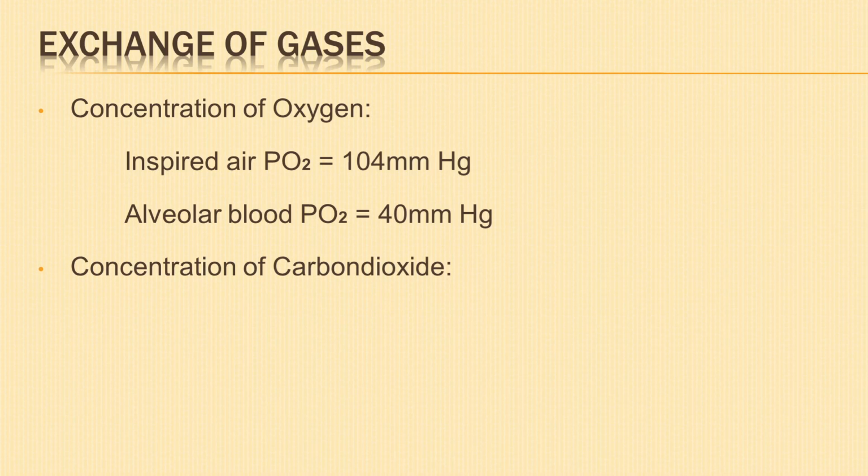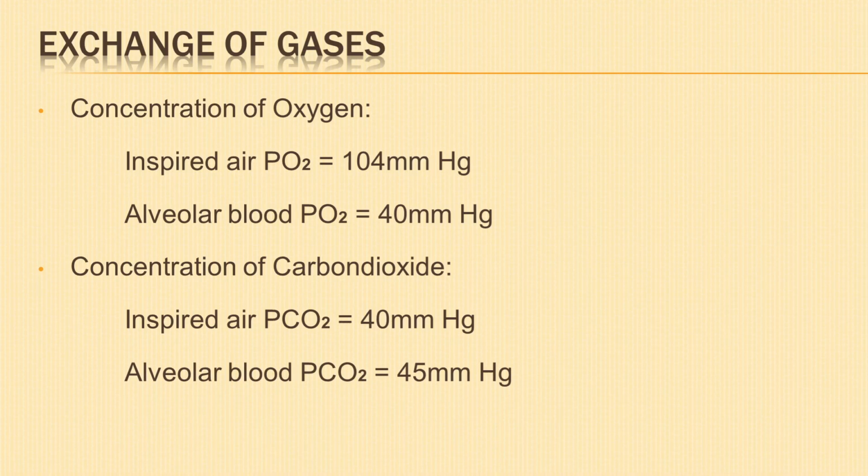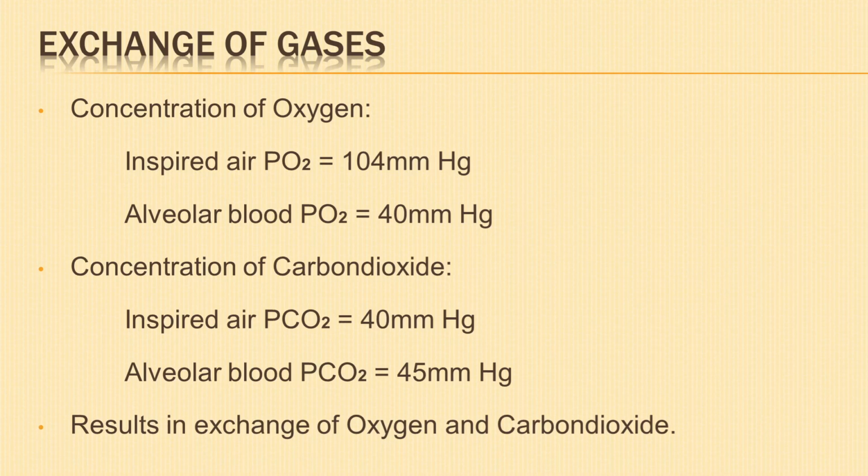Concentration of carbon dioxide: inspired air shows partial pressure of CO2 equal to 40 mmHg. Alveolar blood has partial pressure of carbon dioxide equal to 45 mmHg. This results in the exchange of oxygen from the air into the blood and carbon dioxide from blood into the air.